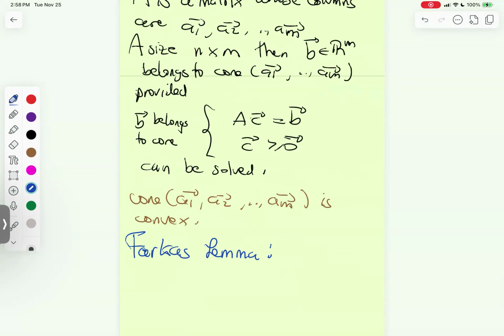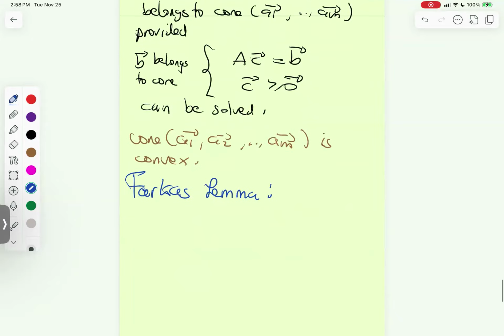Has anyone taken linear optimization? You talk about that when you talk about the duality theorems and all this stuff, if it rings a bell. So one of two things happens.